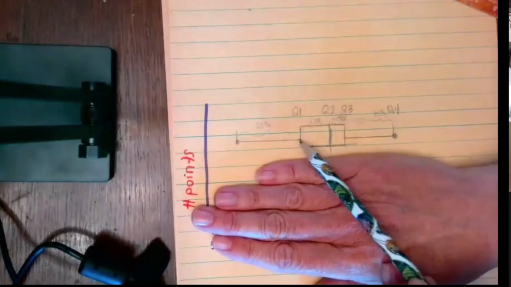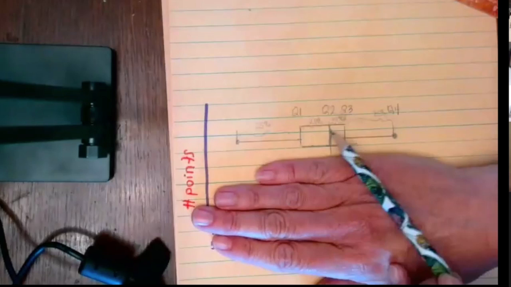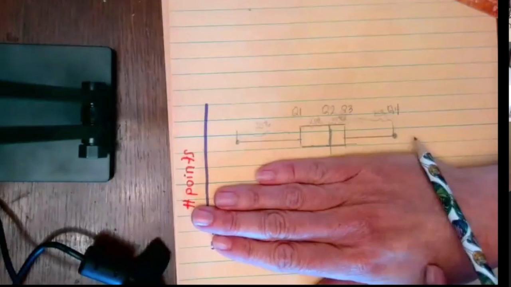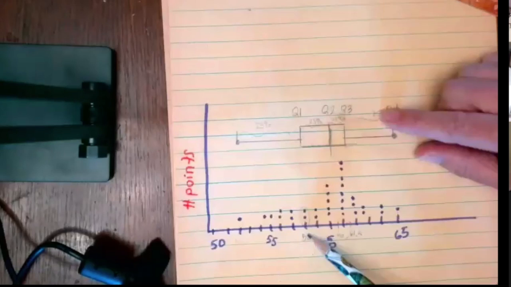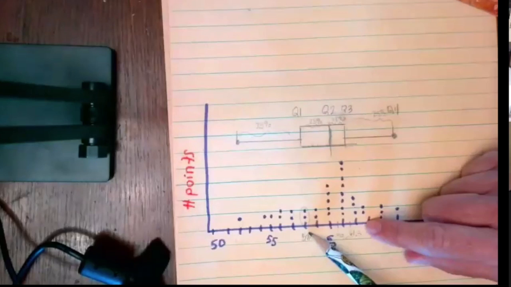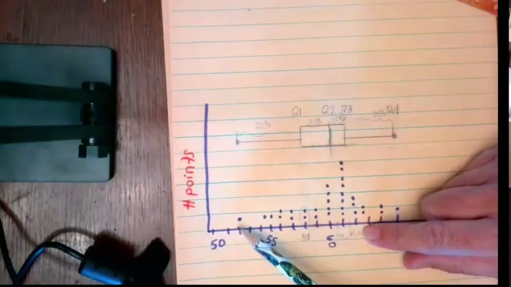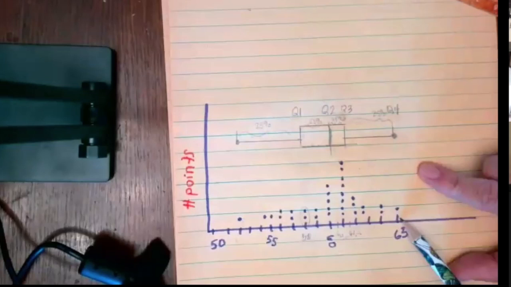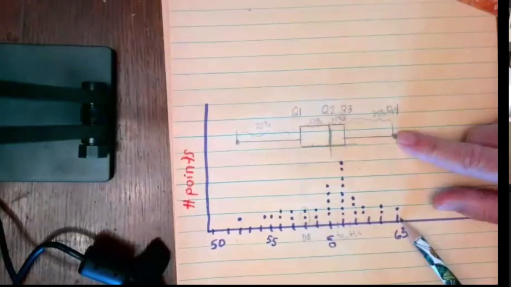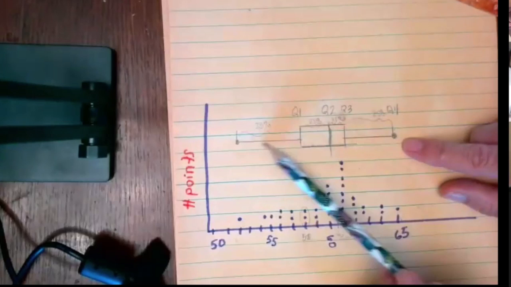And the further away the whiskers are from the box tells me, like this, that half of our students are between 58 and 61.5 inches tall. But we have one really short student at 52 inches. And we have one taller student, who's actually Dr. Ogden, who's 65 inches. So we can see that this line is longer than this line.